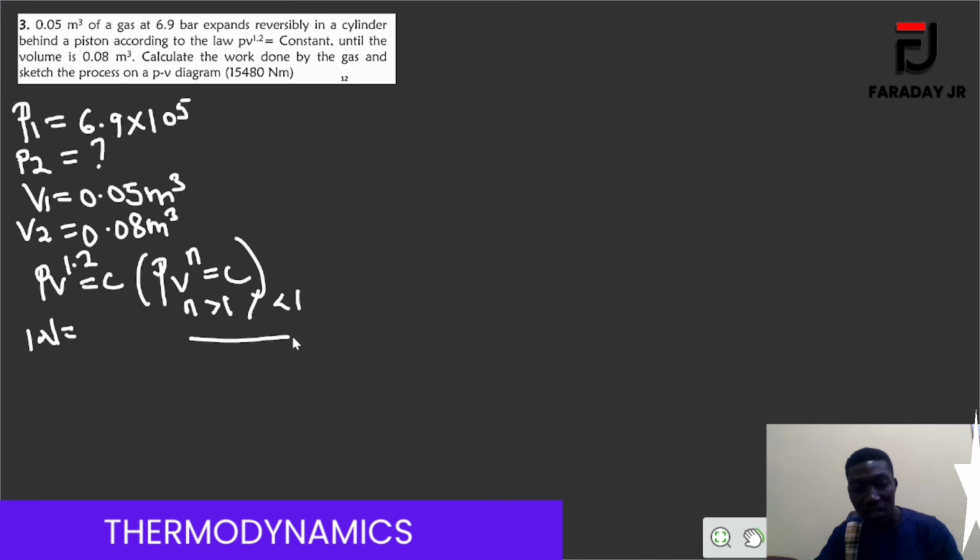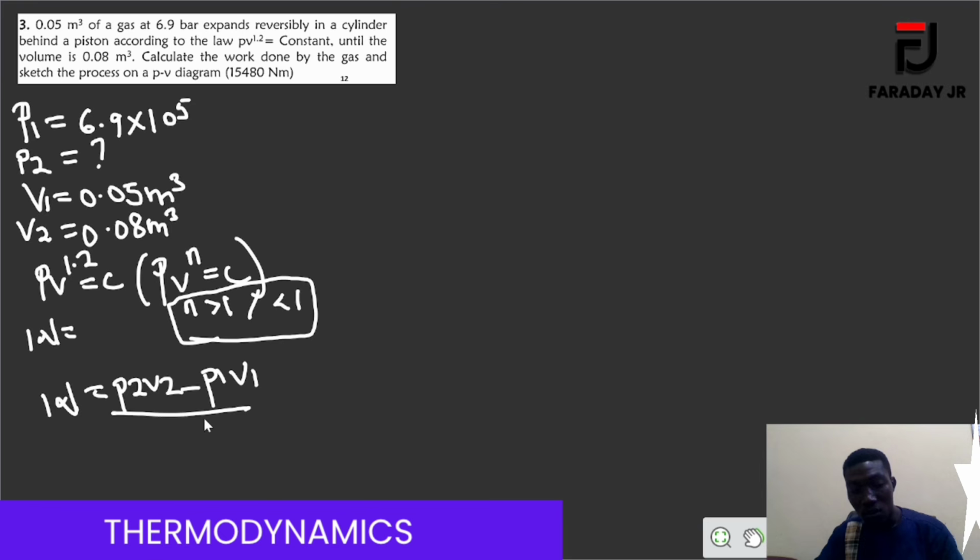But when n is exactly 1, we can't use this formula to solve the question. So W equals (P2V2 minus P1V1) on 1 minus n. Let's solve it together.